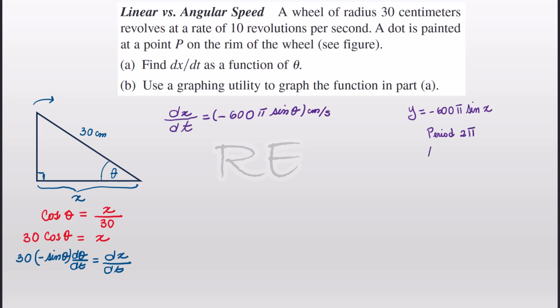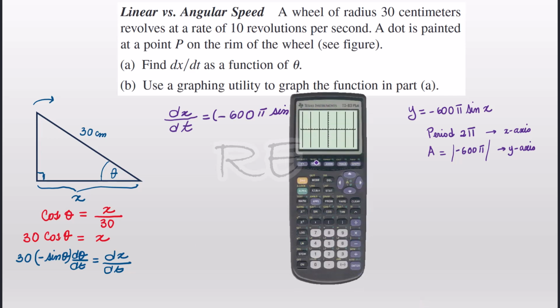We know that the period of sine x is 2 pi, and the amplitude for negative 600 pi sine x is 600 pi in absolute value. So the 2 pi scale should be on the x-axis, and the y-axis should be larger than the amplitude, which is the absolute value of negative 600 pi.